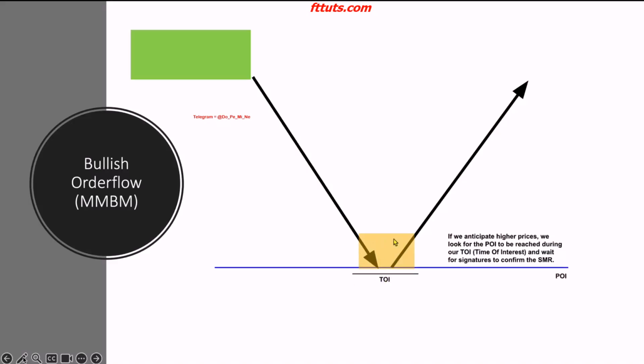This yellow box represents the smart money reversal, the SMR, and from there on we see buy side delivery targeting the original consolidation's high. We're going to build up on this schematic, and during the beginning part of this lecture, we're going to focus on this yellow box, which represents the smart money reversal.